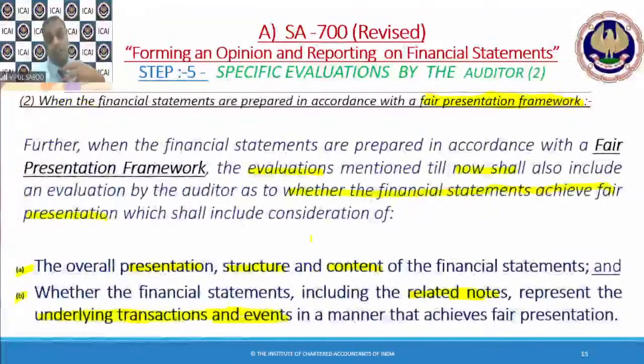And in addition to these, when financial statements are prepared in accordance with a fair presentation framework, there are 2 extra evaluations by the auditor while forming his opinion and reporting on the financial statements.